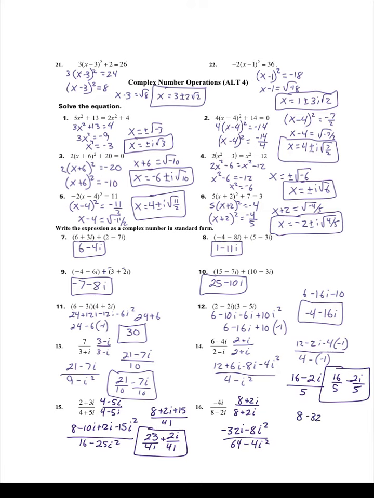That will turn into a positive 8 minus 32i over 68. We can reduce that to 2 over 17 minus 8i over 17.